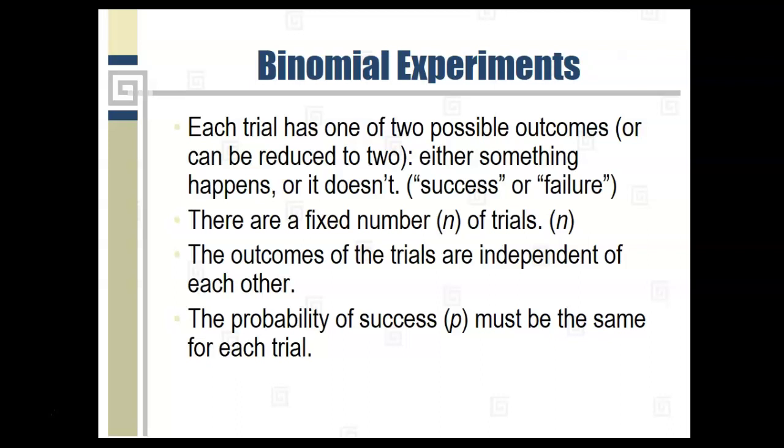So if you have a certain specific number of trials, a specific number of coin flips or friends invited over or at-bats, and the outcomes are independent of one another, so whether or not the baseball player gets a hit the first time up is not going to affect his chances of getting a hit the next time. Whether the first coin comes up heads is not going to affect the probability of the second coin coming up heads. And it's the same probability each time.